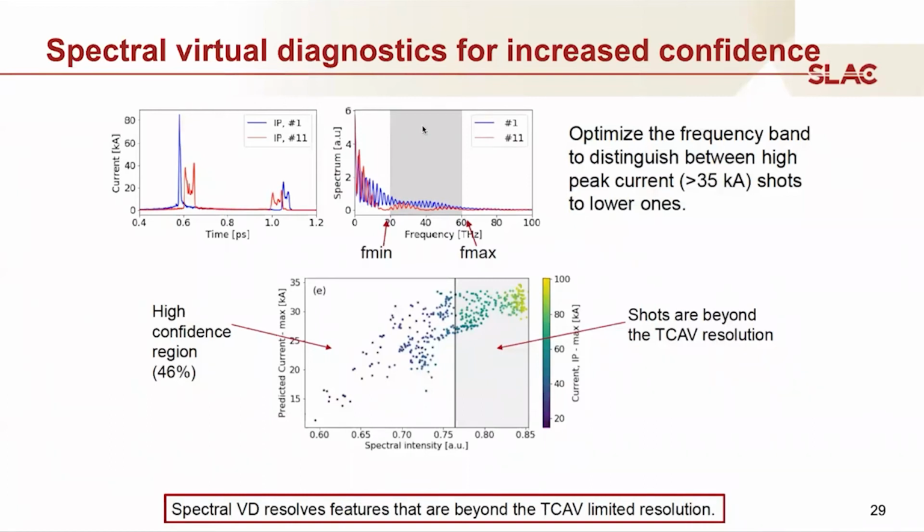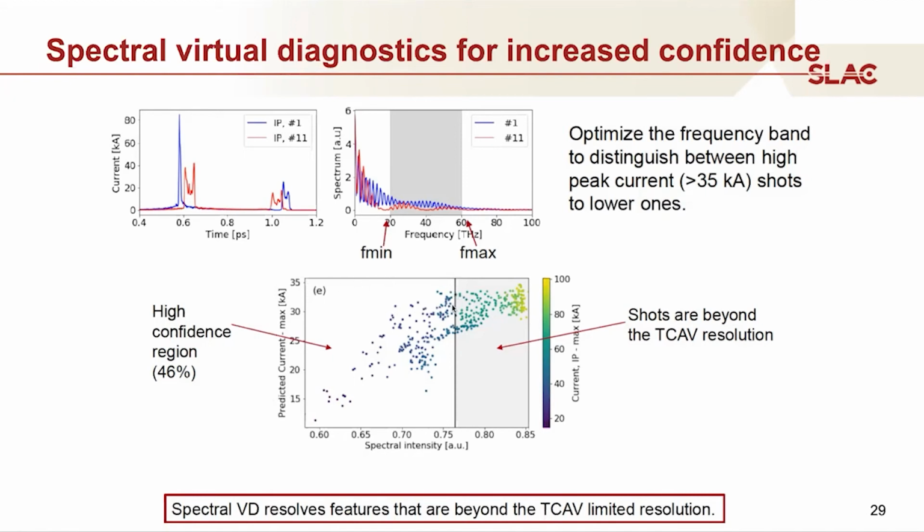So if you take the spectrum from these two shots and you integrate the spectral response within some frequency band, you'll know that high current shots will generate a larger response in this frequency band than low current shots. And so you can map the spectral intensity versus the peak current that you measure. Ideally, in a perfect world with no resolution limits, the spectral intensity and the peak current would be a perfectly straight line. But of course, because there are resolution limits to your TCAV measurement, at some point you flatten out and you plateau, around the 35 kiloamp range.